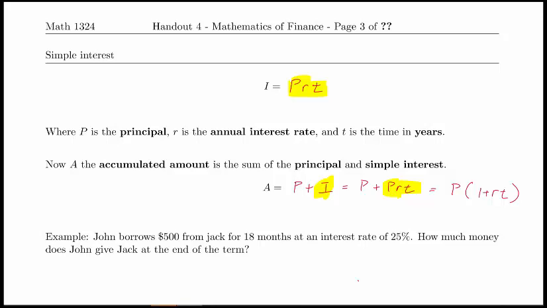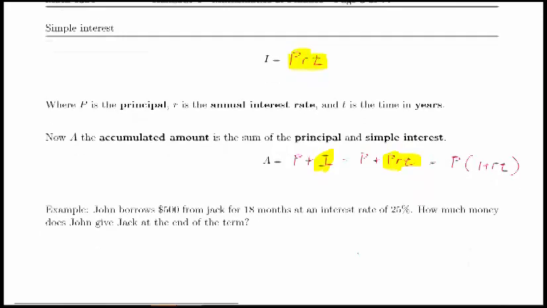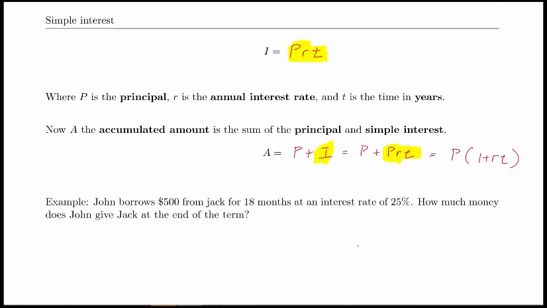So let's do a quick example. John borrows $500 from Jack. I should have capitalized Jack, but I didn't. Here we are. So he borrows his money from Jack for 18 months at an interest rate of 25%. How much money does John give Jack at the end of the term? He doesn't just give back the $500.